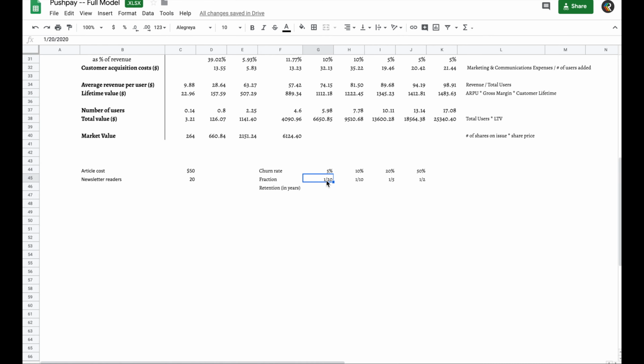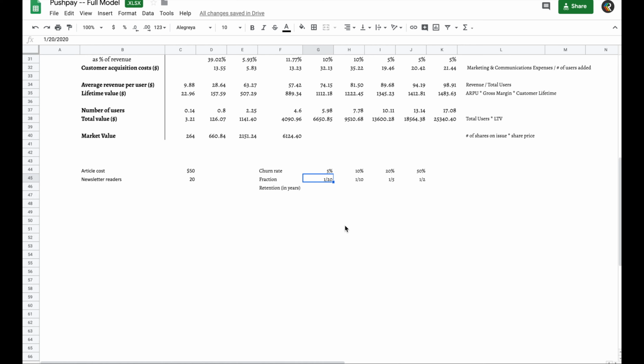But another way we could put that is, on average, once in every 20 years, which is still 5%. Once in every 20 years, an average customer leaves us.